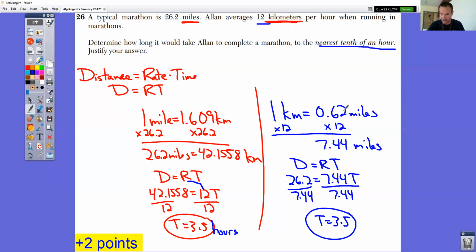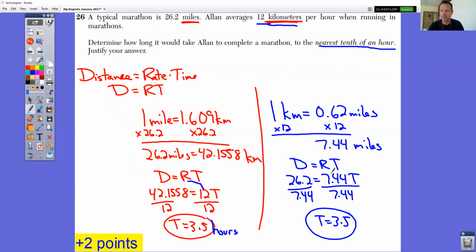The other way to do it is that the reference sheet also says that 1 kilometer equals 0.62 miles. So we can multiply by 12 and multiply by 12 because it's 12 kilometers per hour. We're going to get that they go 7.44 miles per hour. So now using the miles, it would be 26.2.